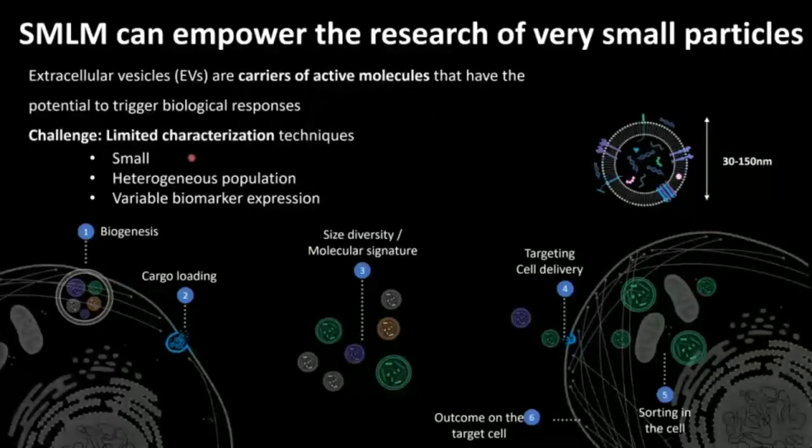Now, the challenge to characterizing EVs include the fact that the EVs are very small, they're heterogeneous in population, they have variable biomarker expression. So using single molecule localization microscopy, we can then begin to probe their functional pathways, everything from their biogenesis to the type of cargo that they have, to how they can impact and affect other types of cells in therapeutic circumstances, for instance.